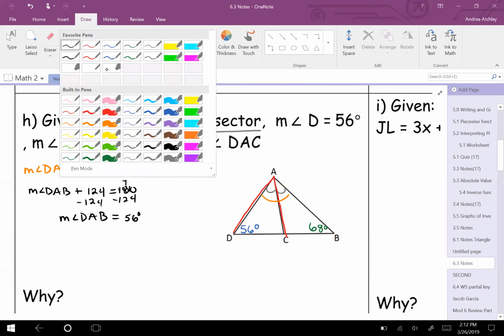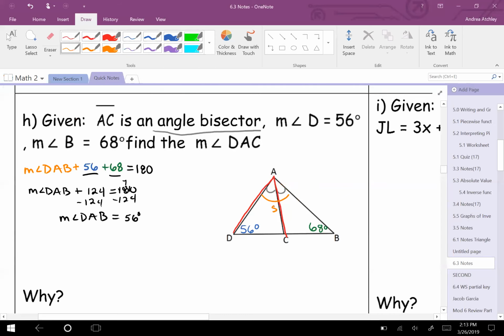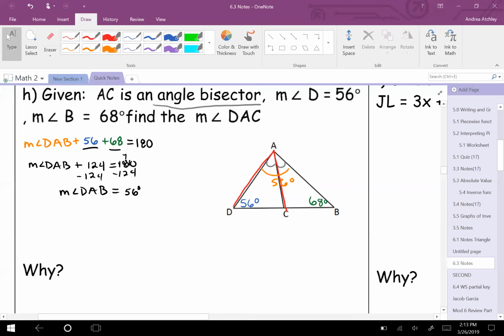So the big angle is 56 degrees. And the reasoning right there was the sum of the interior angles of a triangle equals 180 degrees.